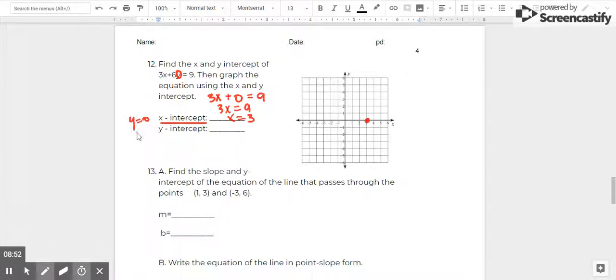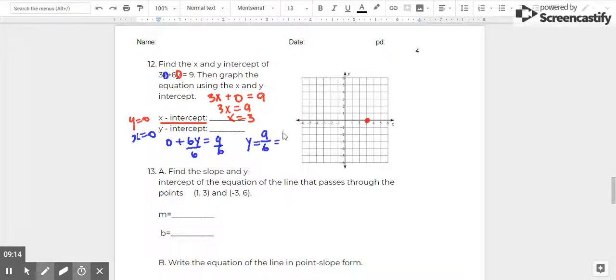So now the y-intercept, when x is equal to 0. So now you have to plug in 0 to x. So it's going to be 0 plus 6y equals 9. So now dividing by 6, y is equal to 9/6.